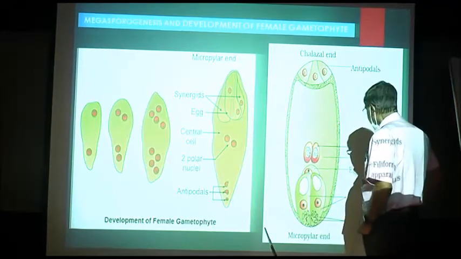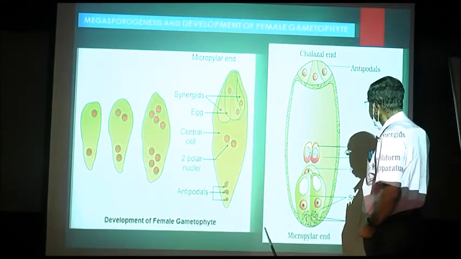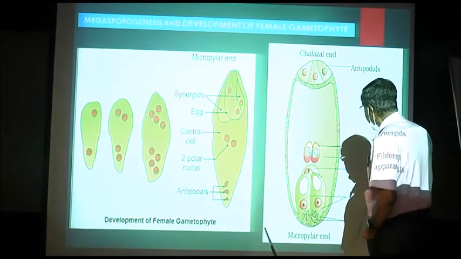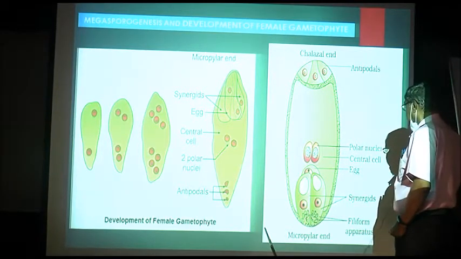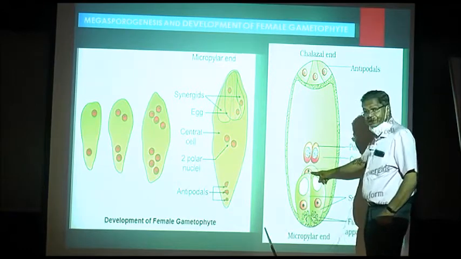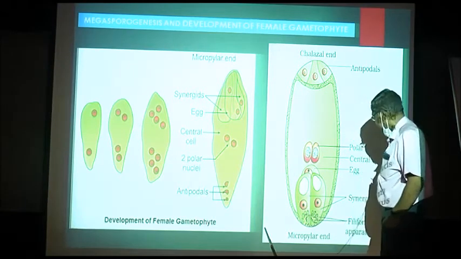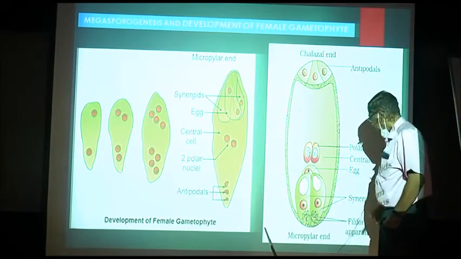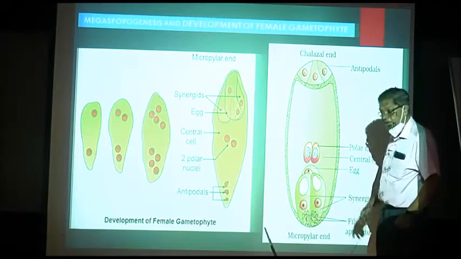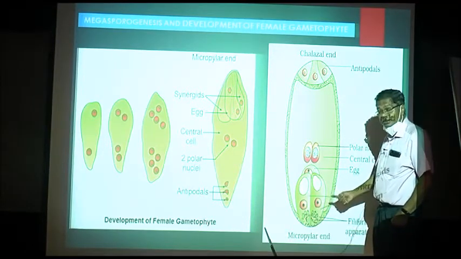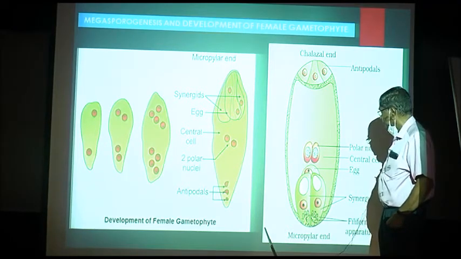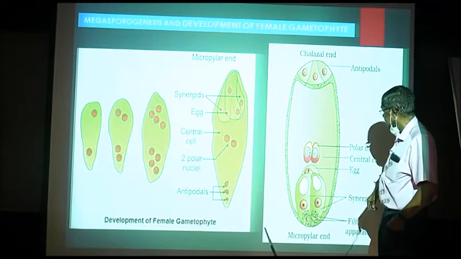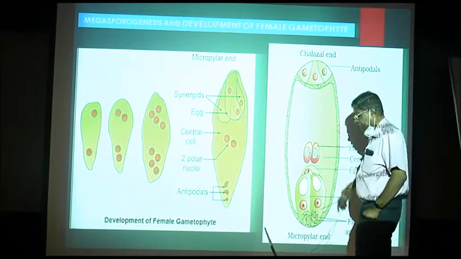Now, one more thing we have to mention here is the function of these structures. Egg is the female gamete. The 2 synergids help the pollen tube to enter into the egg and fertilize it, and polar nuclei.